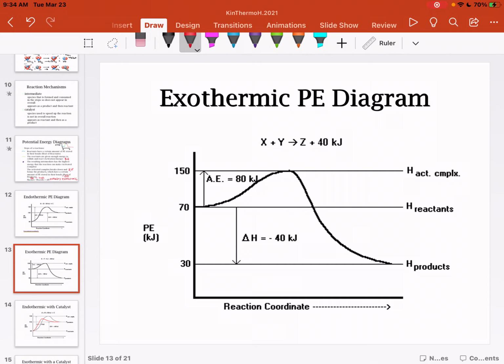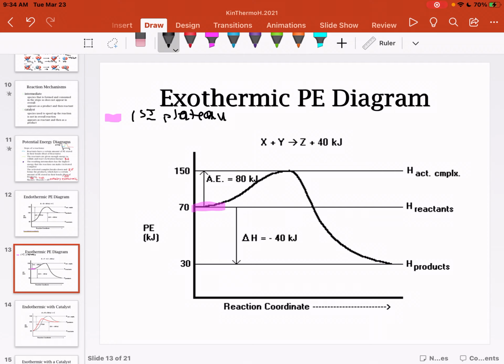What do I see here? If I had to identify all the parts of a potential energy diagram, I could do it pretty easily. I have my reactants. My reactants are going to be that first plateau. Reactants are the first plateau. So if I had to characterize it in words, that's how I would do it.